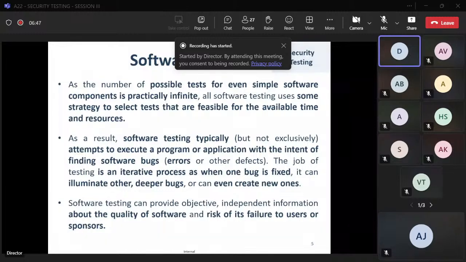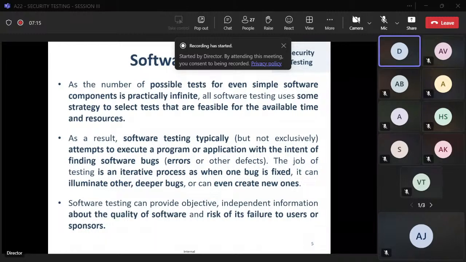Probably you are given only one or two weeks, so the testing team may not have sufficient time to undergo all the tests. Also, sometimes the resources required to complete your test may not be sufficient. As a result, in software testing, typically they attempt to execute a program or application with the intent of finding the bugs.